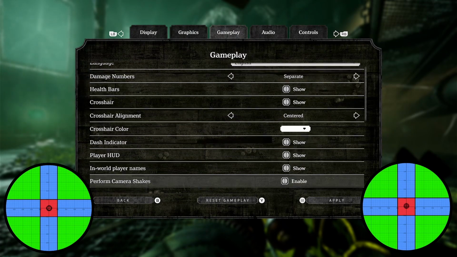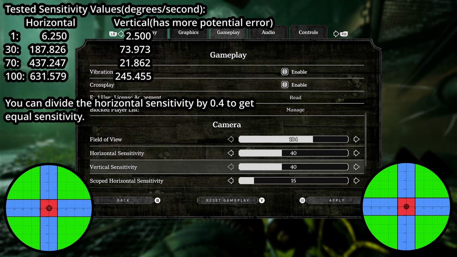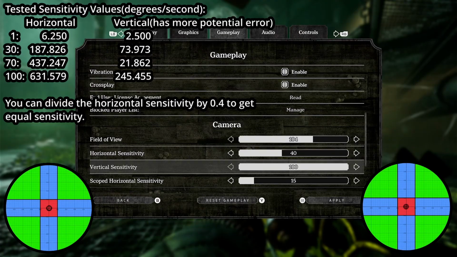Now, since you have control of the horizontal and vertical sensitivities, you can attempt to correct this. However, if you want to play at even sensitivities, you can't play at over 40 horizontal sensitivity because the vertical sensitivity won't go high enough to allow it.